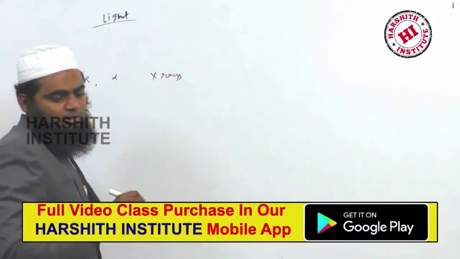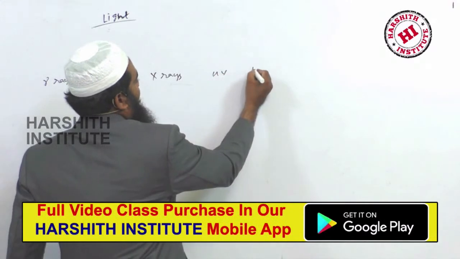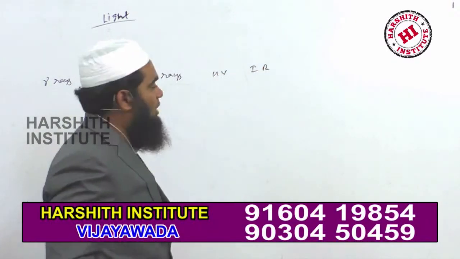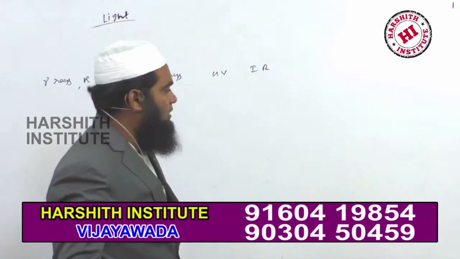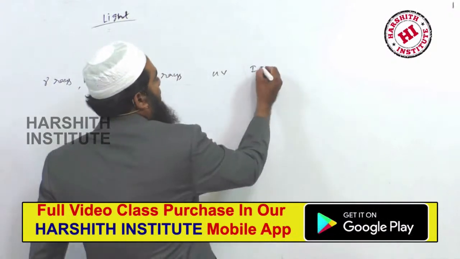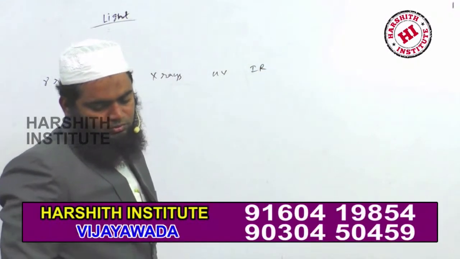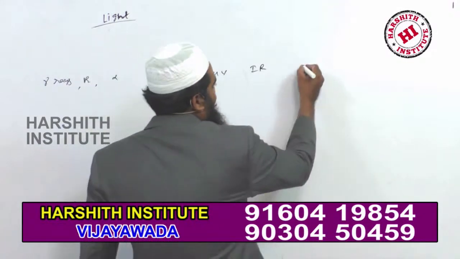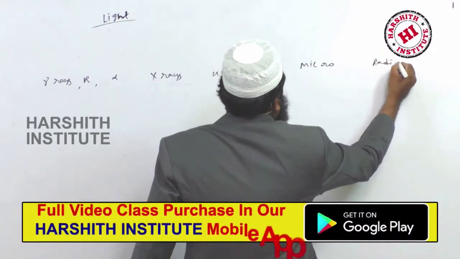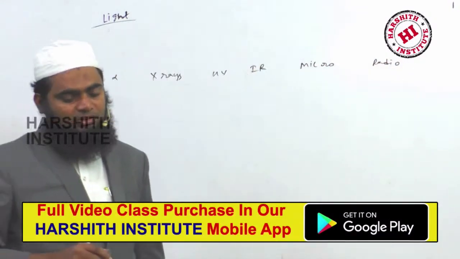Next we're discussing ultraviolet, UV. Next IR, which means infrared radiation. IR rays. Next we discuss microwaves. Next radio waves. So these are the different types of rays we can discuss one by one.